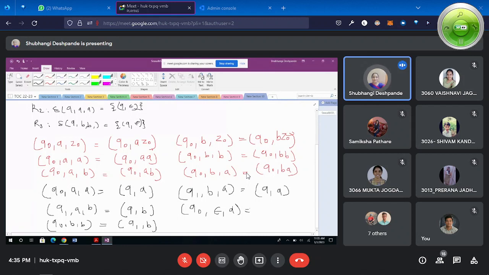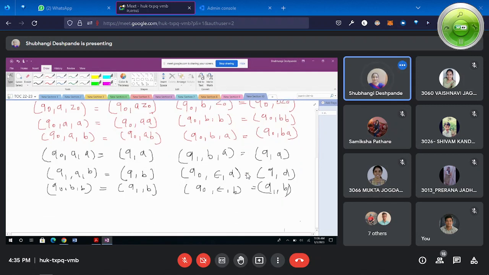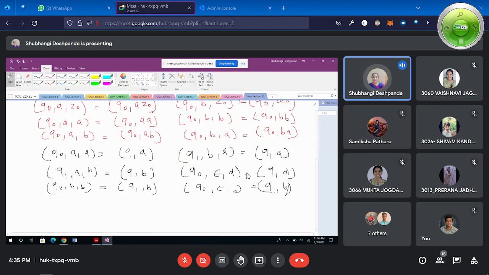Then we will have this Q1 epsilon A will be having Q1 A. Then Q0 epsilon B will have the Q1 B. And then we will have here all the A's from the stack and all the B's from the stack we have to delete, or we have to pop out. So Q1 B B is equal to, suppose, Q1 epsilon.